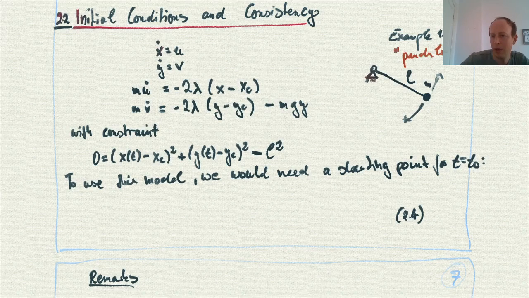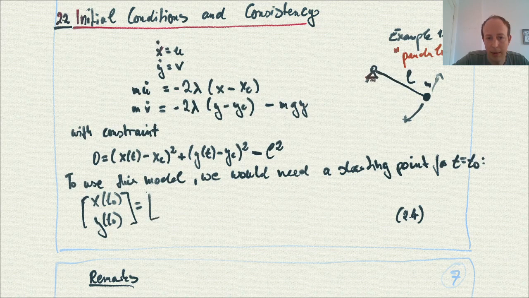Also, if there was a different velocity at this moment, then the prediction might also change a lot. So we need x and y at t0.